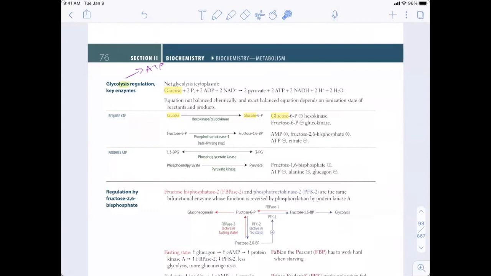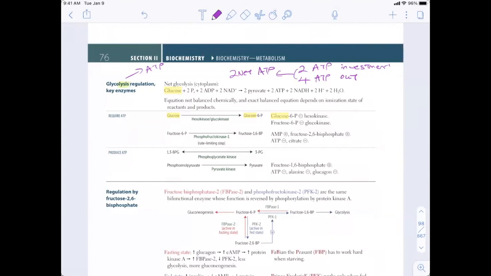Overall, you invest 2 ATP and you end up getting 4 out of it. So when you find the difference, you make 2 net ATP. 2 in, 4 out. So really, you've made a profit of 2. That's the story of glycolysis.